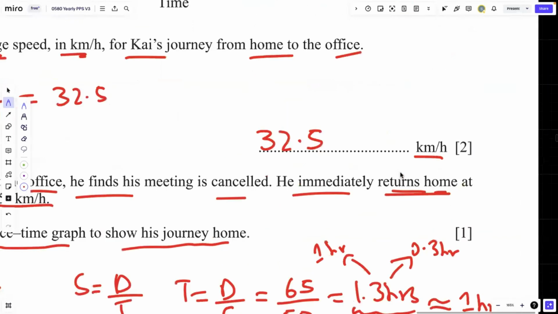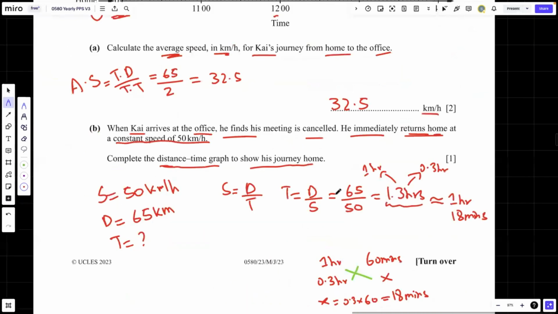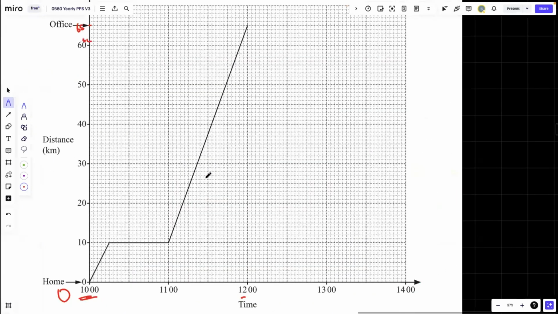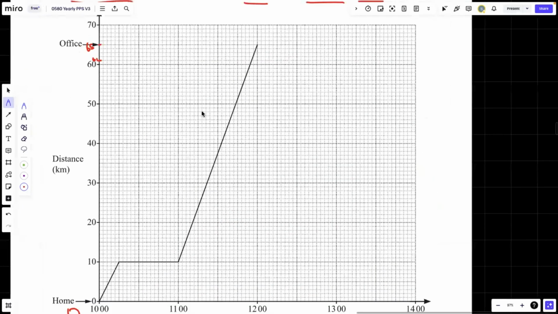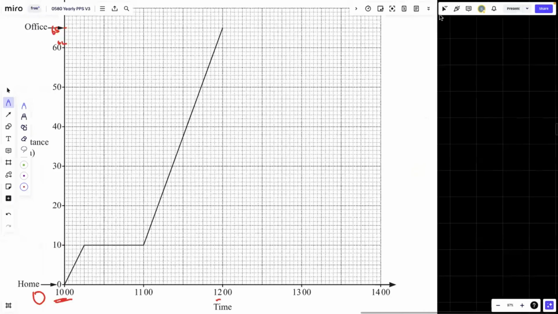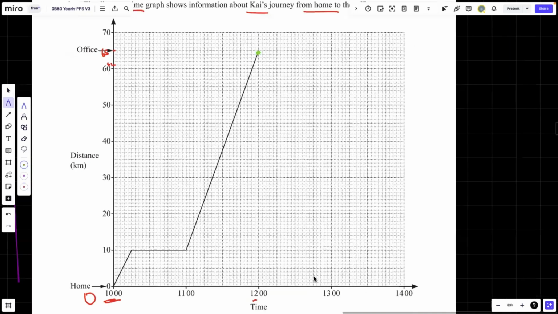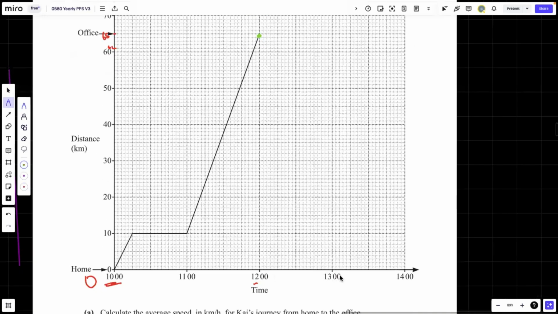So now we can draw the graph. We do know the time. We have gotten the speed, distance, and time, so we can just draw the graph. It'll be going back, so the line would be coming downwards. We'll be starting the graph from this point, but since he's going back home, he's going to arrive here, but at what time?